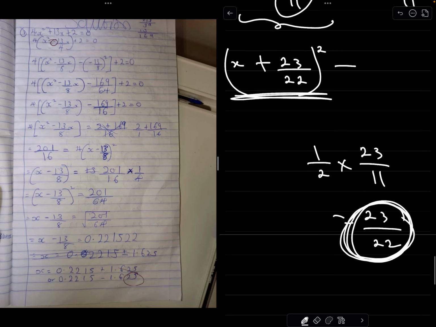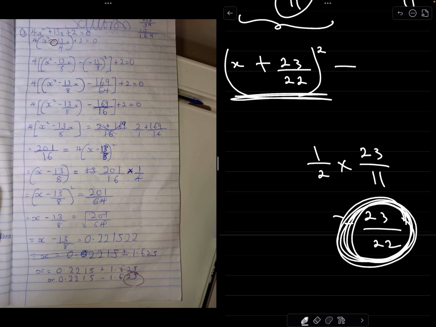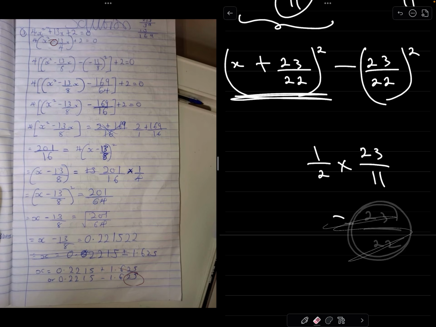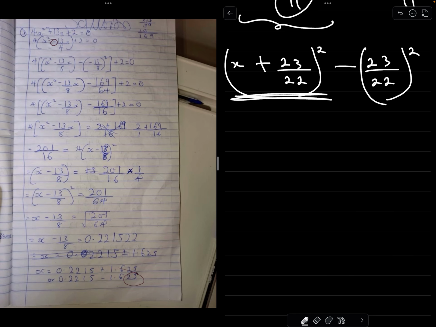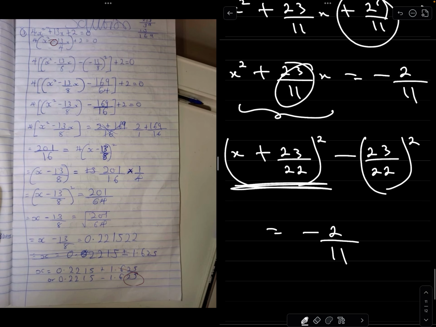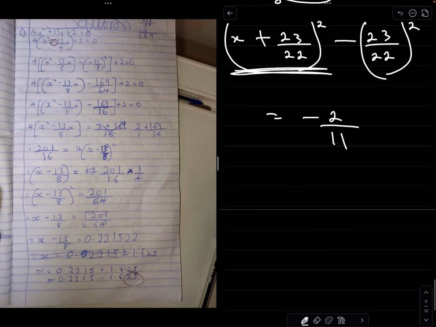This is minus the square of whatever you get here. So that's minus the square of 23 over 22. And that is equal to, let me write what it is equal to on the next line. That's equal to minus 2 over 11. And now let's go to the next step.